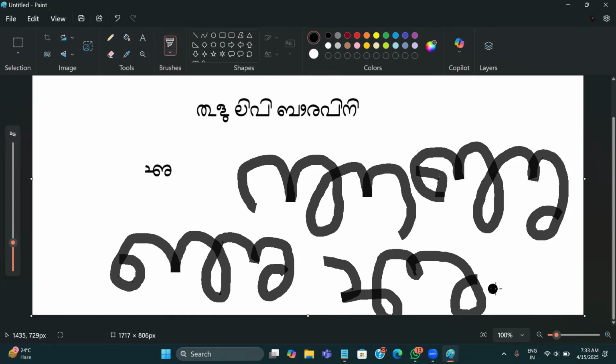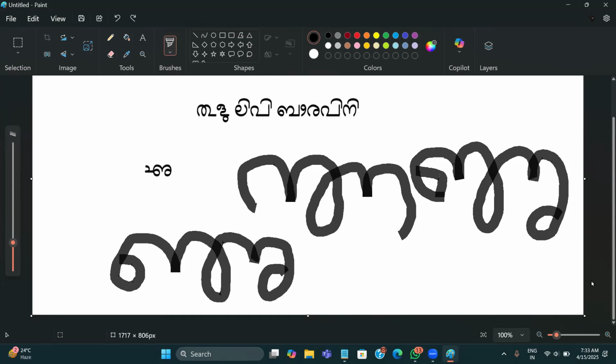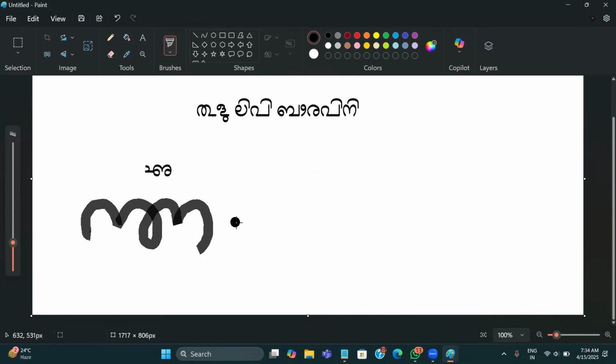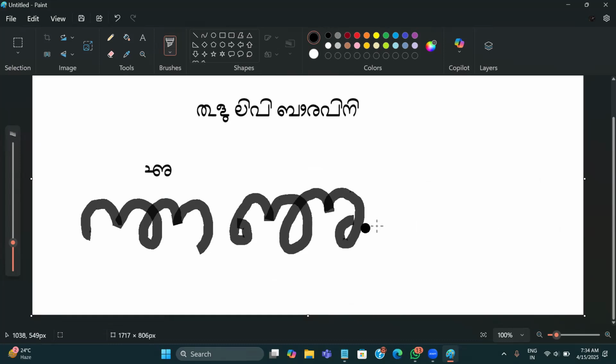This way or this way. Sorry, I will show you all the ways. Once again, I will write A with rounds at the edges, and this edge is coming like this.